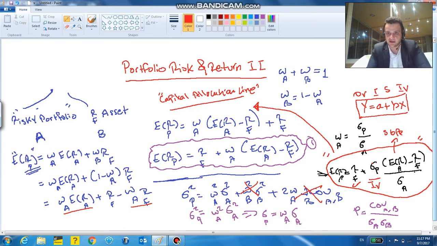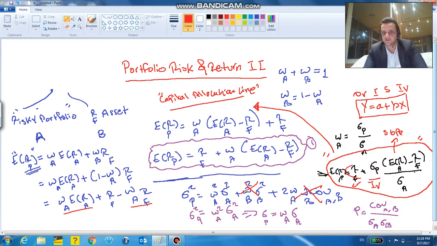So you need to memorize this formula, and not only memorize it, but also understand who is the independent variable, who's the slope, who's the intercept term, and what the intercept term basically says. Now here, the intercept term, which is the risk-free, says basically if you take zero risk, meaning if this whole expression is zero, then you would be expected to earn the risk-free rate.